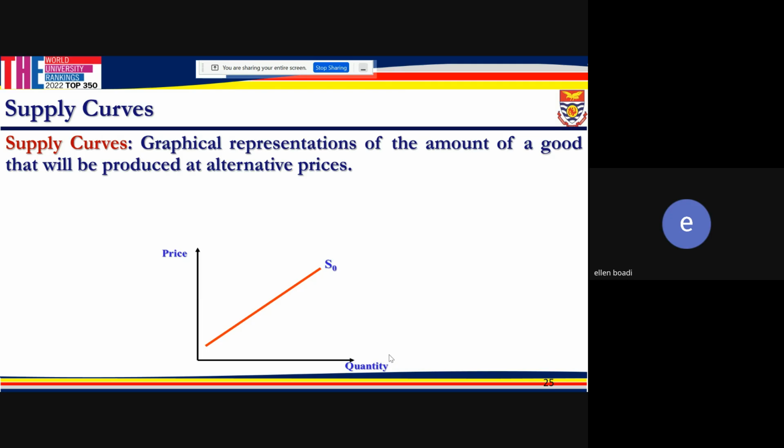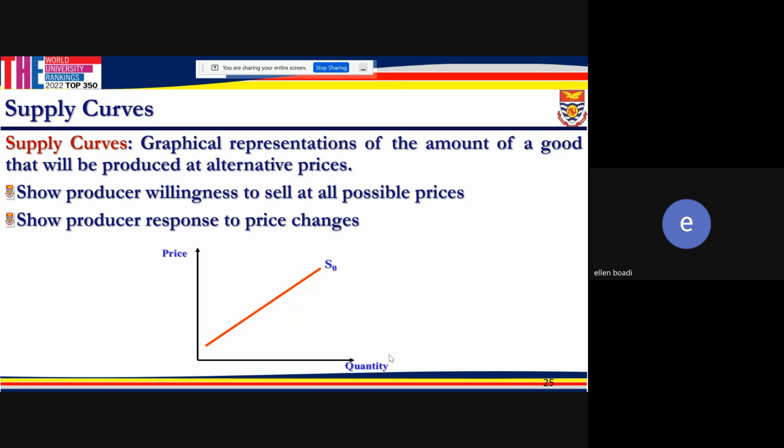And like we have seen, it slopes upwards from left to right. These are some of the terminologies that we use. The various prices and the corresponding quantities that the producer or seller is prepared to offer for sale, this is what we term the supply schedule.